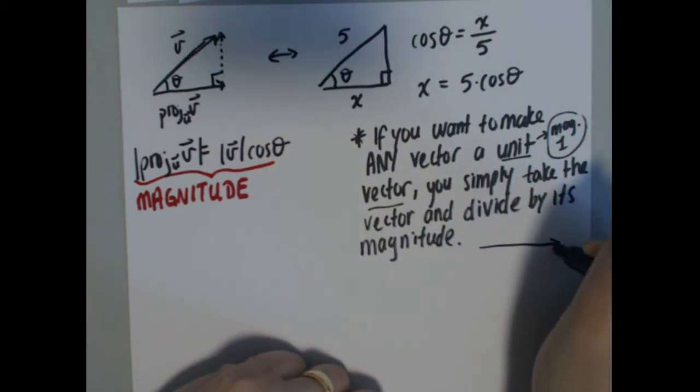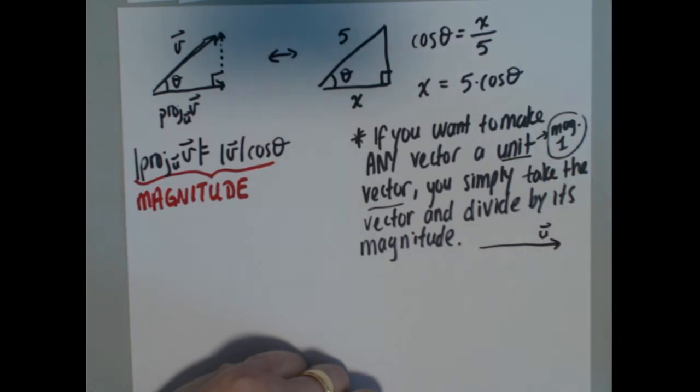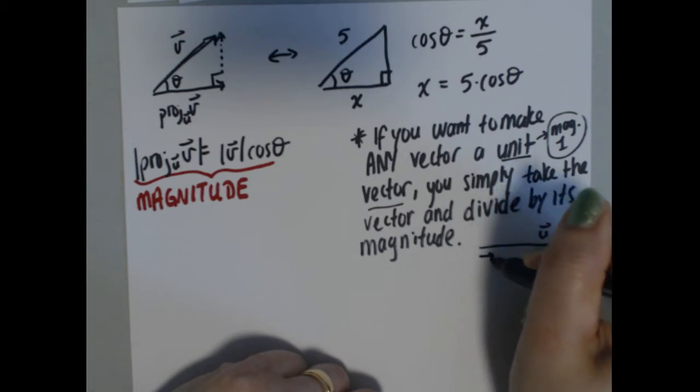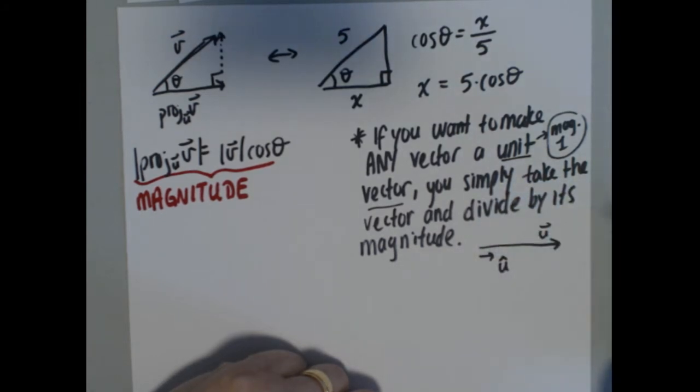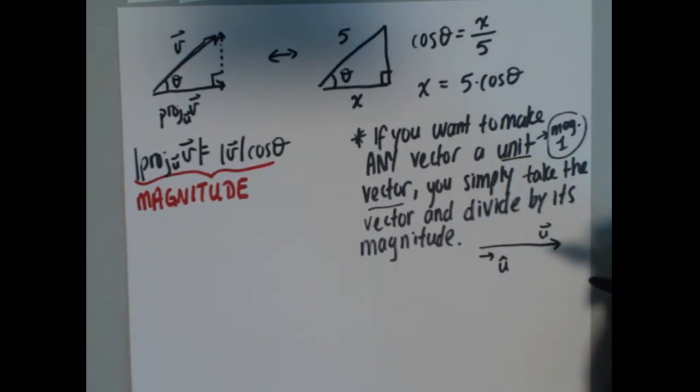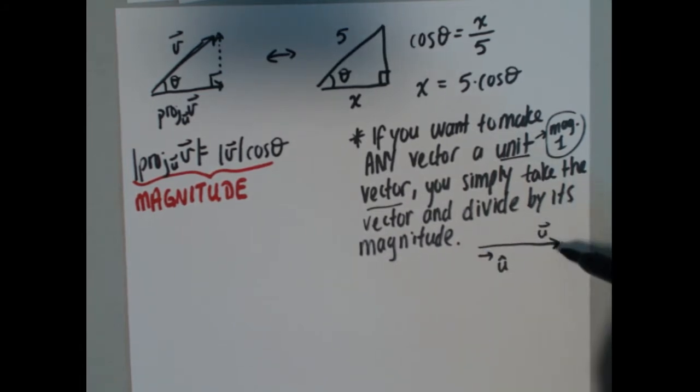So if vector u is 5 units long and I divide it by 5, now I have another vector here. Usually I call the unit vector u hat, but in the book they don't use the hat symbol. They just use the regular vector symbol. But the idea is it has the same direction as u, but it only has length 1.